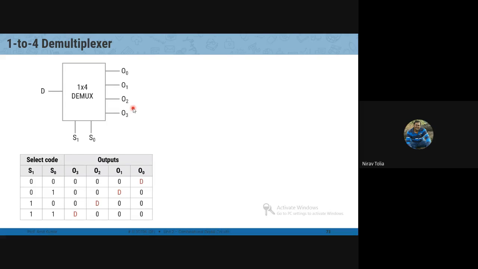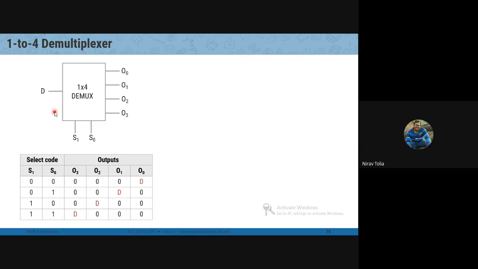When my select line input is 0, 1, then my data input is connected with output O1 only. My outputs O0, O2 and O3 remain inactive, or you can say a low state or a zero state.